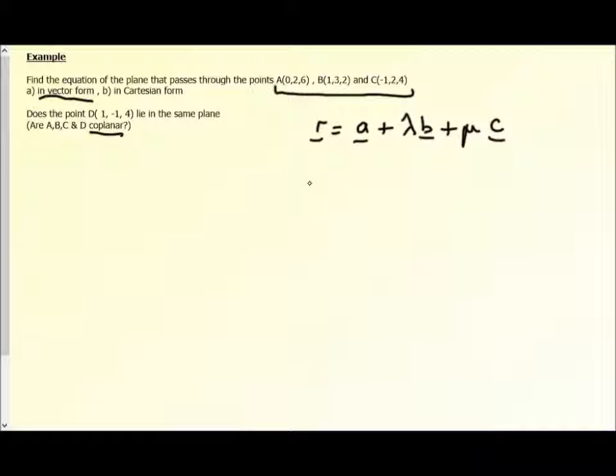Well, one thing that we could do is find two vectors in the plane. And given that we've got 3 points, that's quite easy. The vector AB is going to give us a vector in the plane.